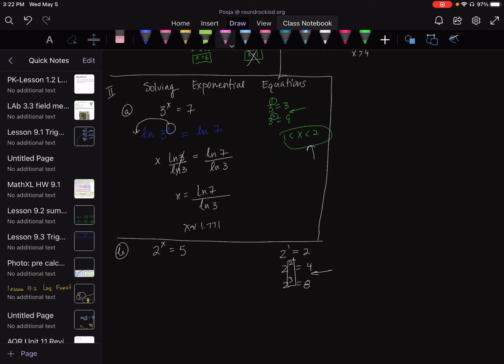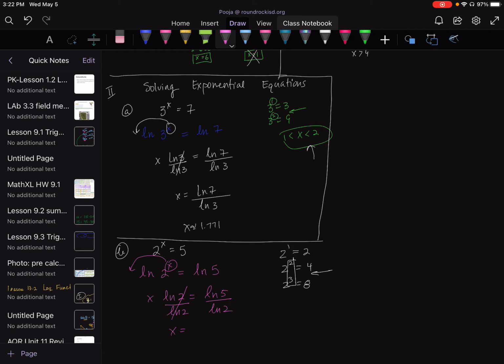And the best way to get started with this will be to take log of both sides, and you can take natural log or any other log. Now I'm going to use the same third property that the power can be brought at the front. Divide both sides by natural log 2.